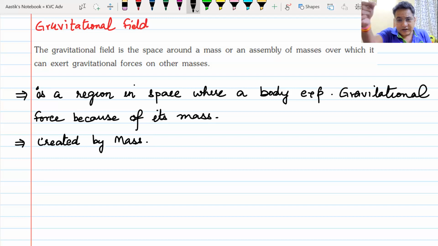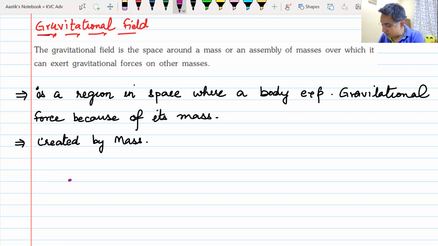Now if you bring another mass in that field, that other mass will experience gravitational force, and that is how we explain the concept of gravitational force between two bodies.